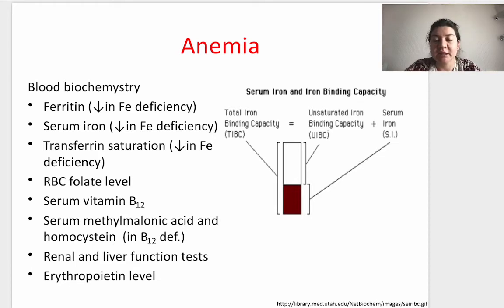Additionally to complete blood count, we usually use a biochemical analysis of blood. What should we check in a patient with suspected anemia?